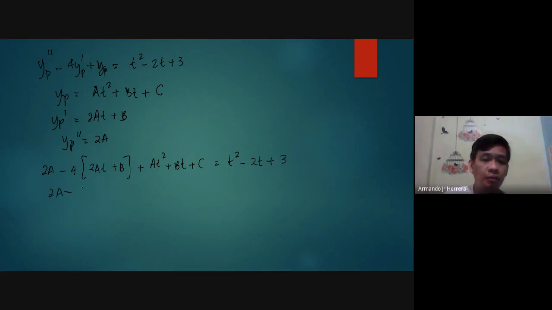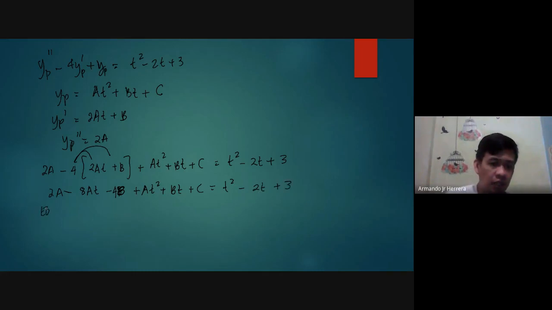Then 2a minus 8at minus 4b, distributing this 4 there, plus at squared plus bt plus c is t squared minus 2t plus 3.